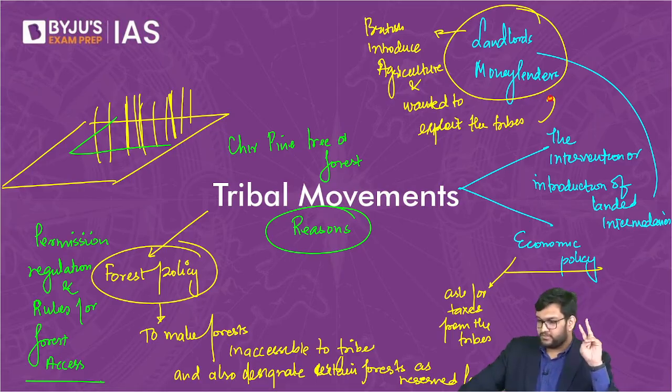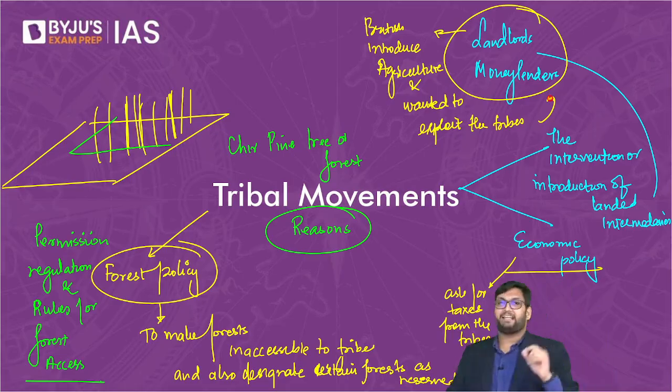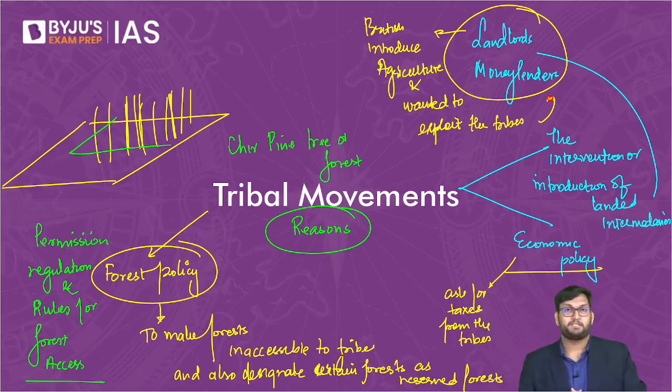Second, the British through their economic policy wanted to tax the tribes for what was free. And third, the forest policy followed by the British was to restrict the access of the tribes into these forests itself.